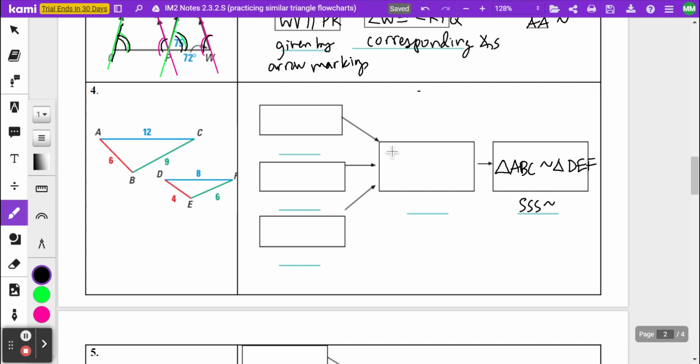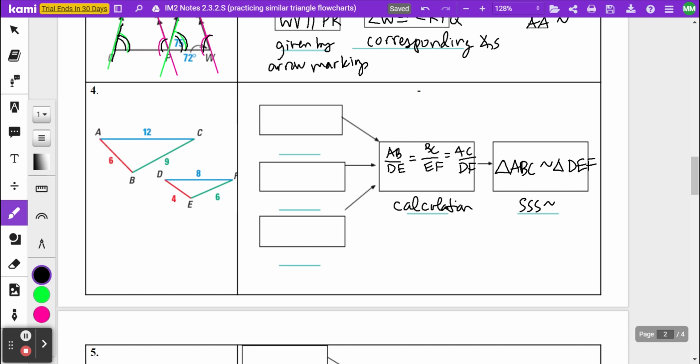That's because AB over DE, hopefully, equals BC over EF equals AC over DF. If that works, we're going to get it from calculation. If all three corresponding side pairs are proportional, we'll be all set.